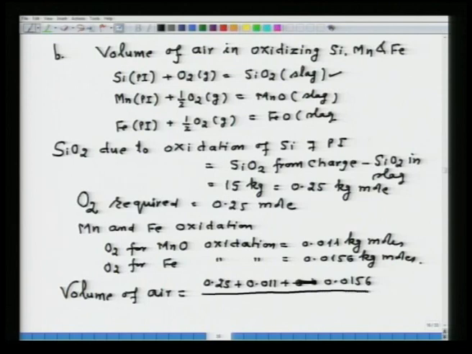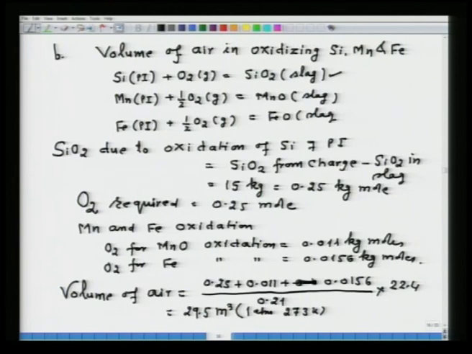If you divide it by 0.21 multiplied by 22.4, the volume of air will be say 29.5 meter cube at 1 atmosphere and 273 Kelvin. So, that is the answer for this.